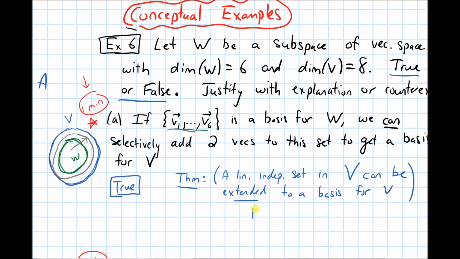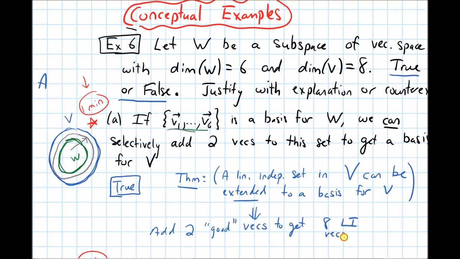So using the idea of this theorem, what we would do is add 2 vectors to get 8. I'm going to call them 2 good vectors. We would add 2 good vectors to get 8 linearly independent vectors.